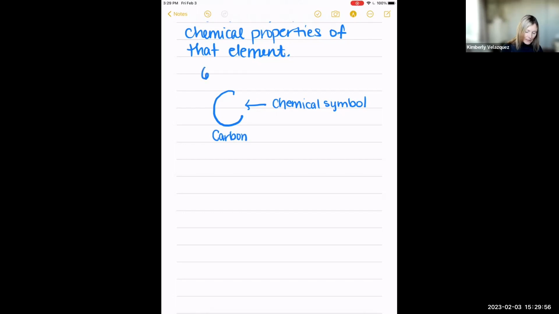And then there was a number 6 here and a number 12 down here. And for every element on that periodic table, there are those 2 numbers. This is known as the atomic number. And this is known as the atomic mass or atomic weight.